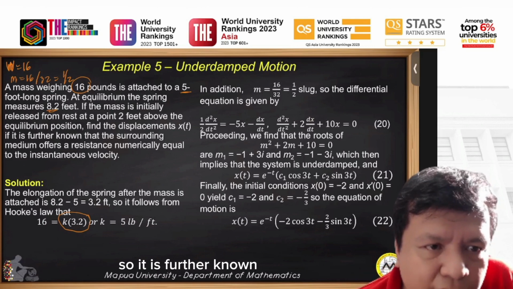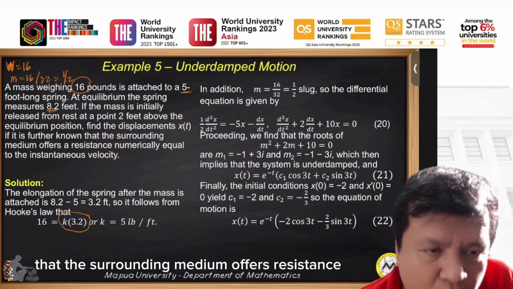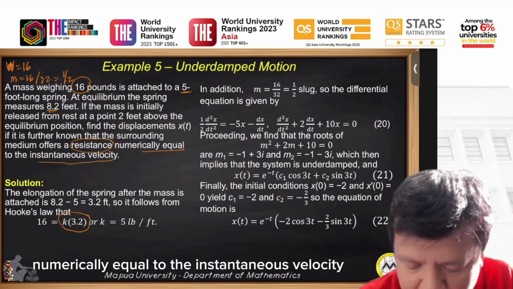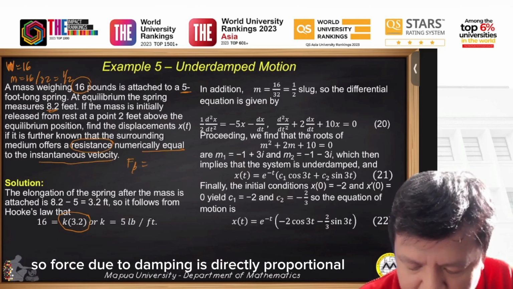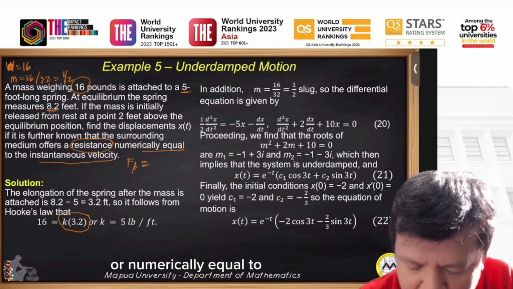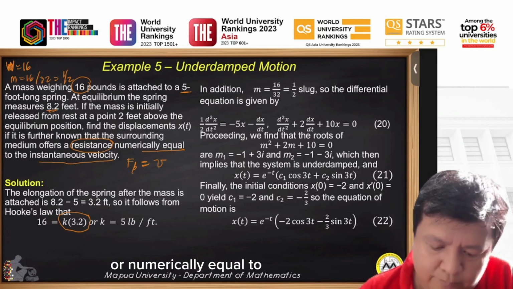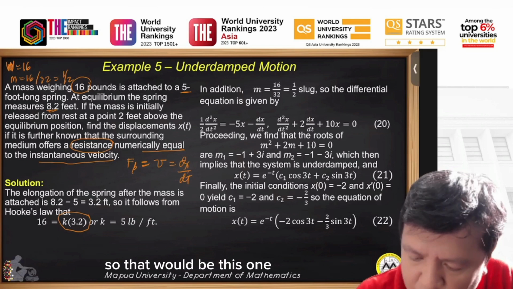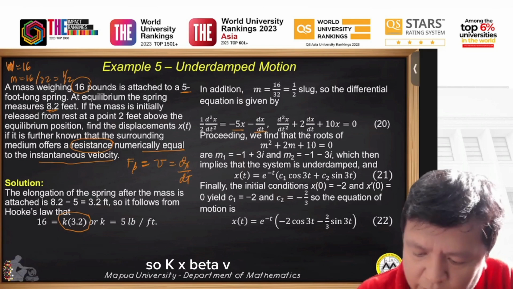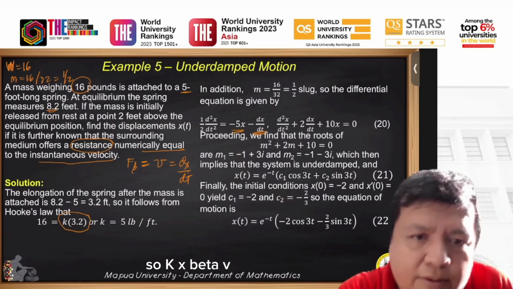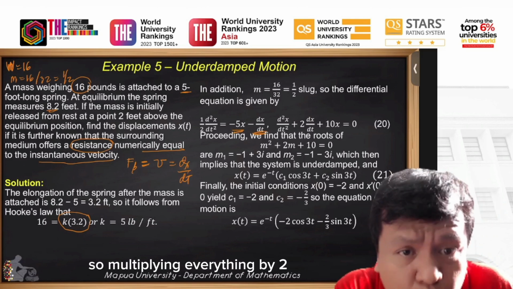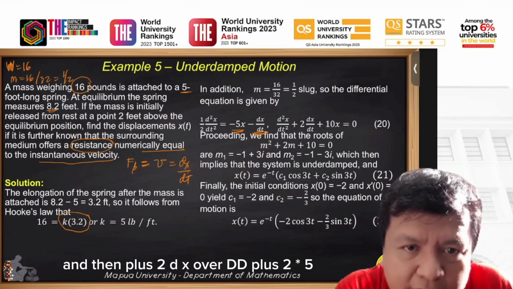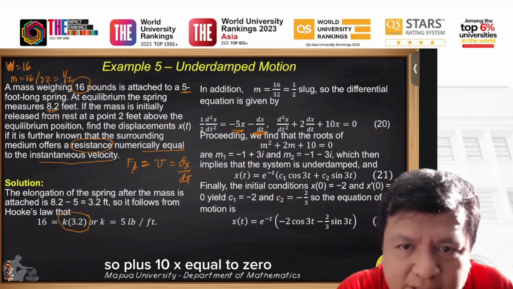The surrounding medium offers resistance numerically equal to the instantaneous velocity, so the damping force is numerically equal to dx over dt. Multiplying everything by 2, we have the second derivative plus 2 dx over dt plus 2 times 5, so plus 10x equal to 0.